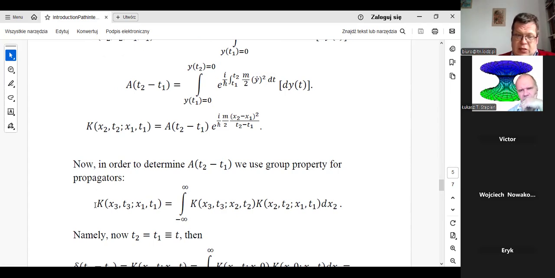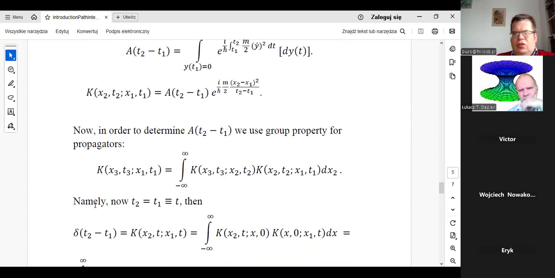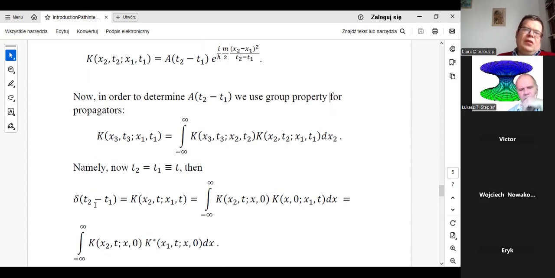So you have this T1, T2, and then you define the Dirac delta. In a sense, it's a propagator from T1 to T2 when they are equal. So it is propagation going from T1 to T2, which is the same T, and propagation going from x1 to x2 is expressed as this integral, where you need to put the Dirac delta.